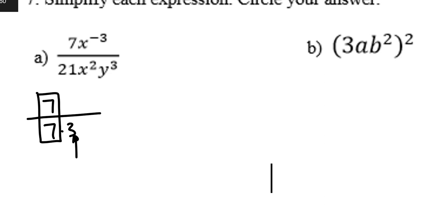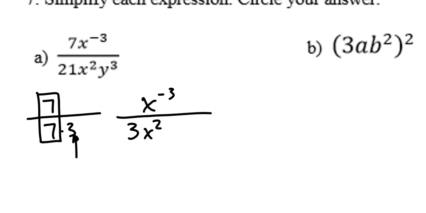If I take it another step forward, I have x to the negative third in the numerator. In my denominator, I have 3x squared and then y to the third power. So I've got to deal with this negative exponent, and my favorite way of doing that is multiplying by the number 1. So in this case, I'm going to choose the number 1, x to the third over x to the third.